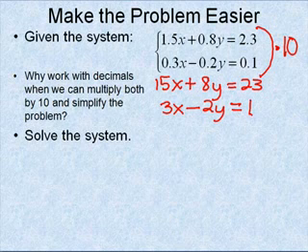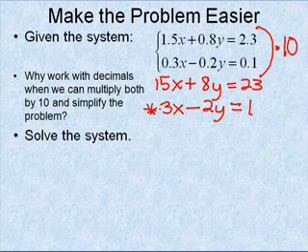Now we're going to go back and go through the steps we went through on the previous slide in order to solve the system. The first step then is going to be to solve one of these two equations for either x or y. So I'm going to choose this equation here, and I'm going to solve that one for x.